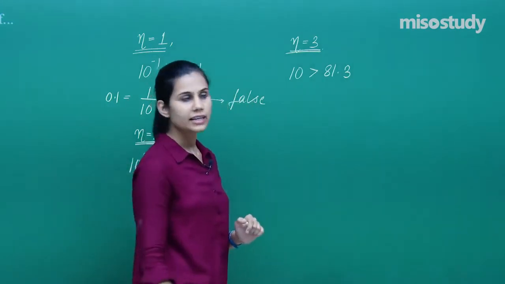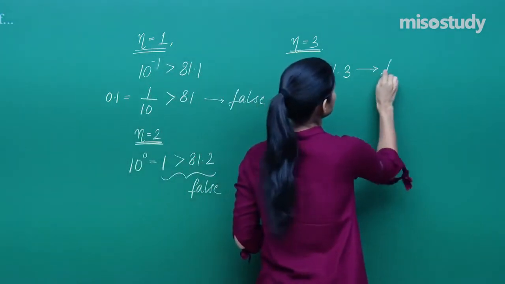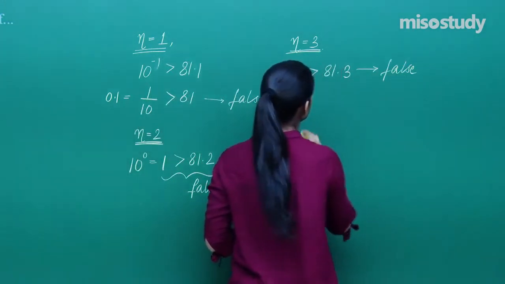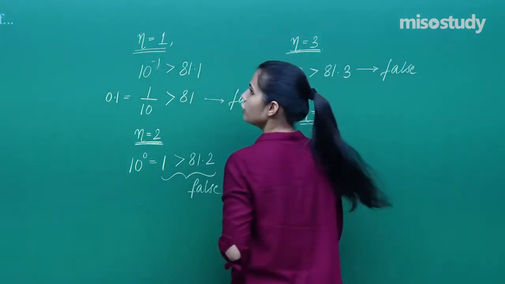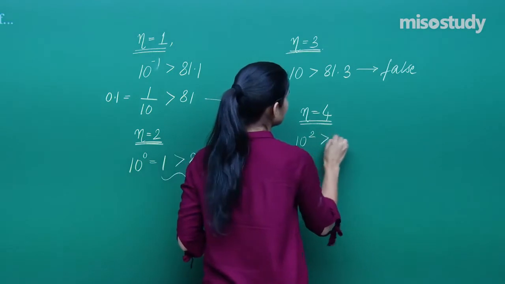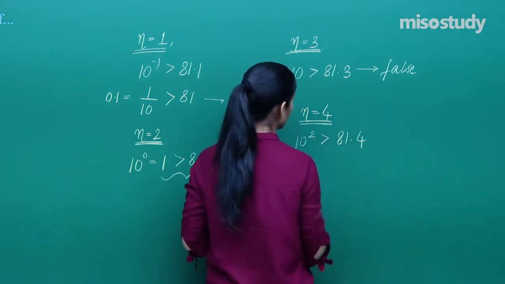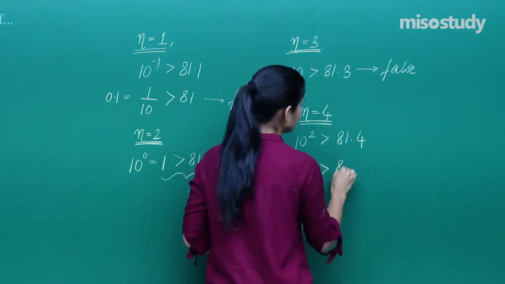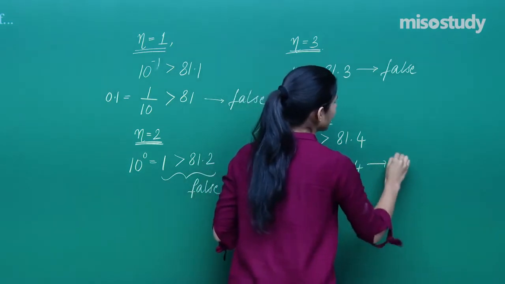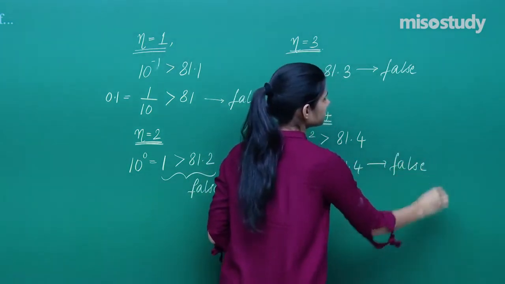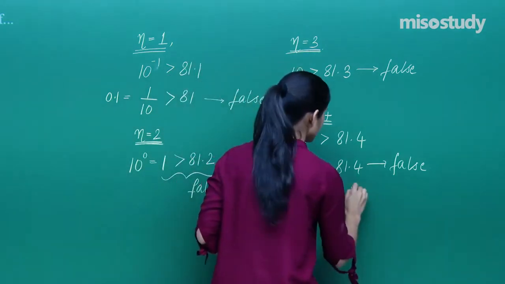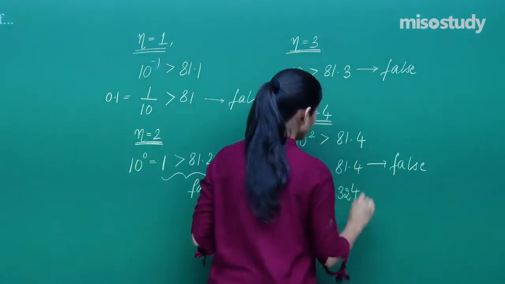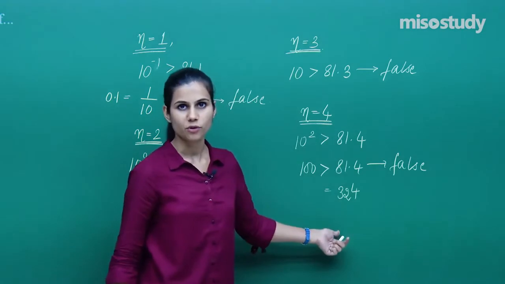This is again clearly false. For n equals 4, 10 to the power 4 minus 2, that is 10 squared, 100, is greater than 81 into 4. That is 324, and 100 is not greater than 324, again false.